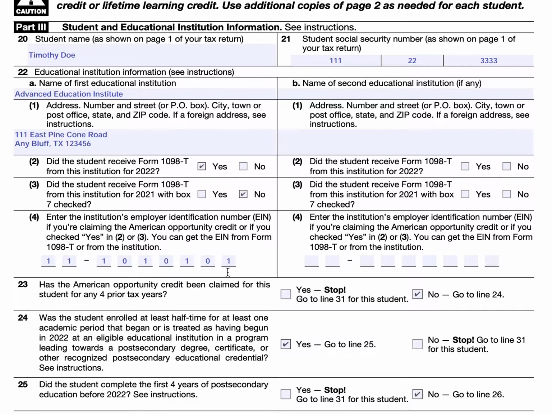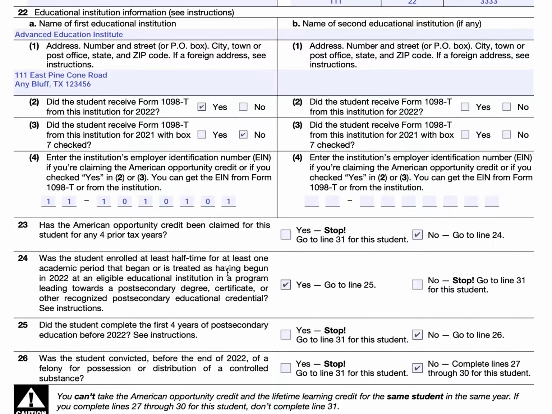And finally, this is part of the law that enables the American Opportunity Tax Credit: it is not available for anyone who has been convicted of a felony drug possession. So a drug-related felony of any sort, of either possession or distribution. If that's on your criminal record, then you can never apply for the American Opportunity Credit as it currently stands.